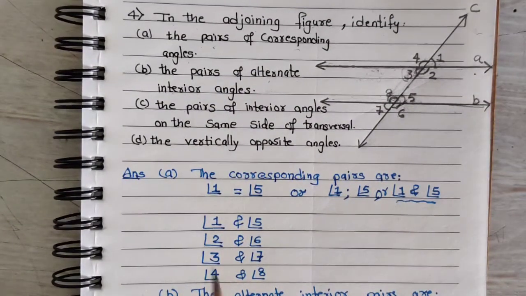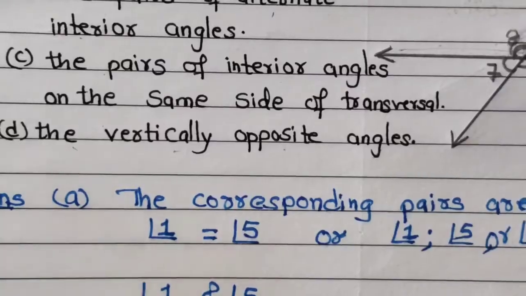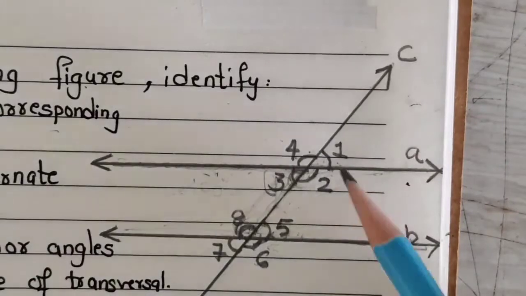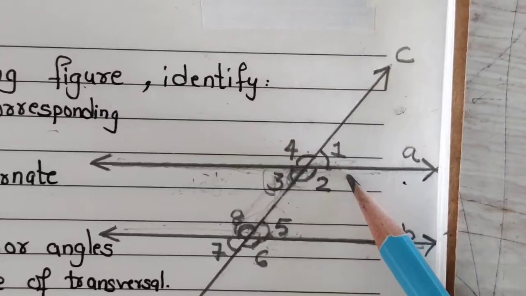The question is, you have to find the vertically opposite angles. Now what are vertically opposite angles? They are forming the cross and they are always between two lines. That means the transversal and one parallel.